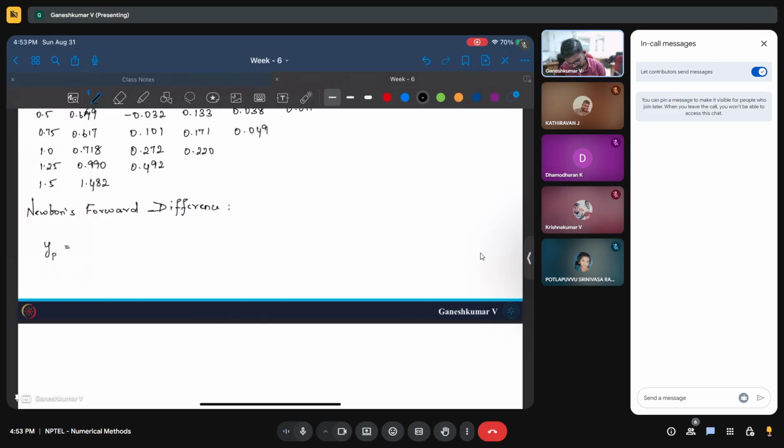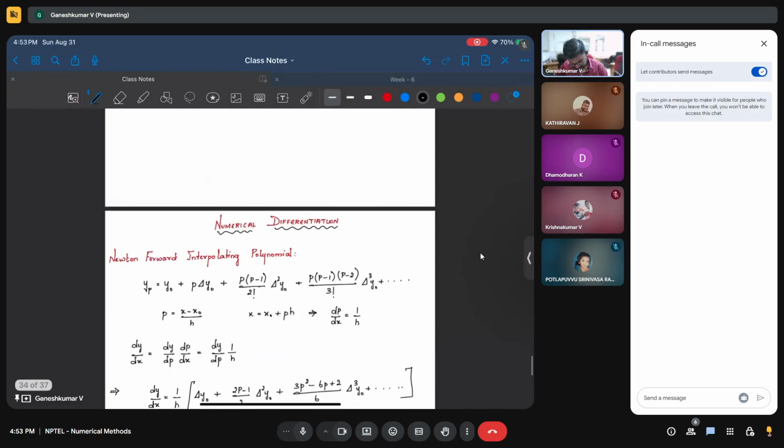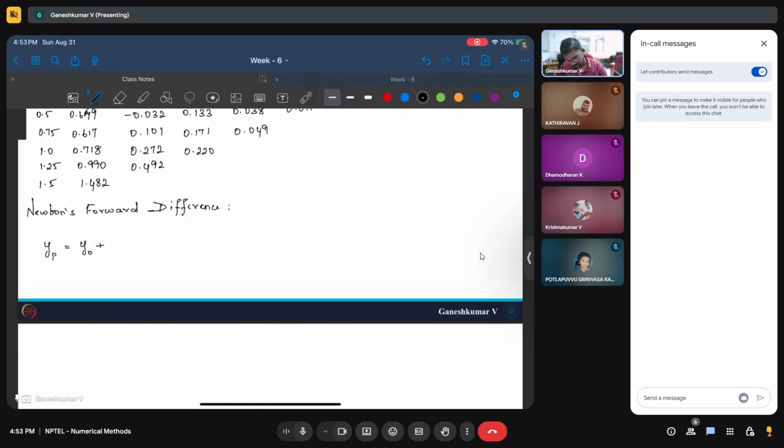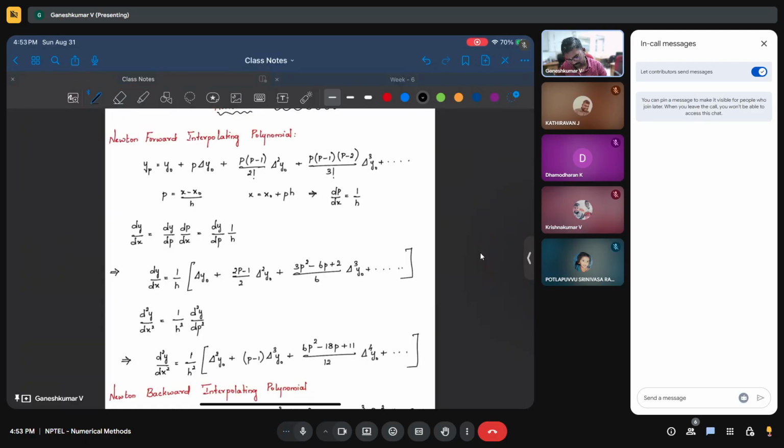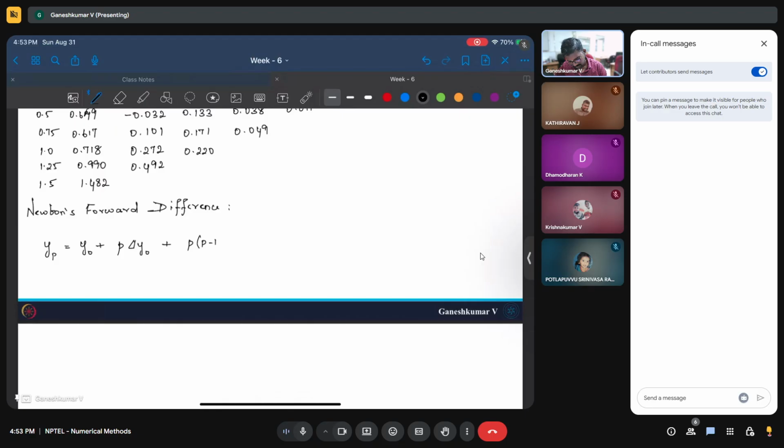Yp is y naught plus, let's look at the class notes, p delta y naught plus p into p minus 1 by 2 factorial delta square y naught plus p into p minus 1 into p minus 2 by 3 factorial delta cube y naught plus p into p minus 1 into p minus 2 into p minus 3 by 4 factorial delta 4 y naught.